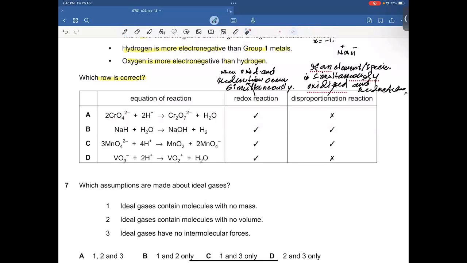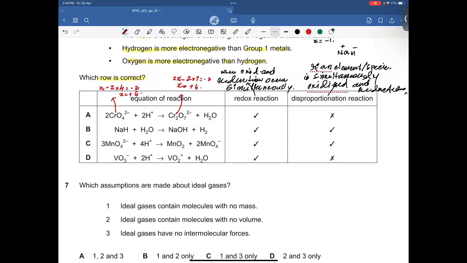So let me talk about this chromate, the Cr(VI) species. Let's suppose chromium is X, oxygen has a charge of -2. We have 4 oxygen atoms, so 4 times -2. As the overall charge is -2, X equals +6. Over here, we have 2 chromium, so it's going to be 2X. Oxygen has a charge of -2. We have 7 oxygen atoms. Overall charge is -2, then X equals +6.